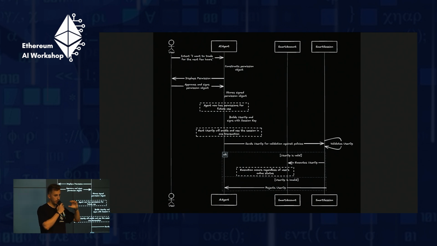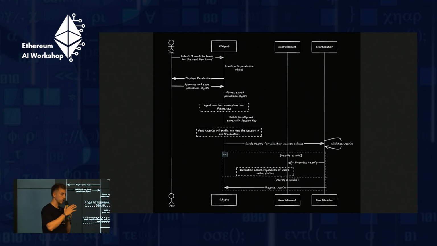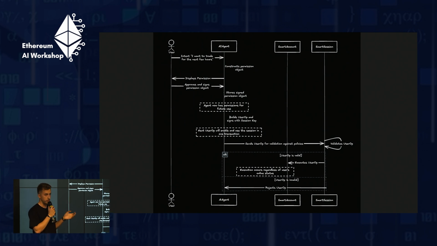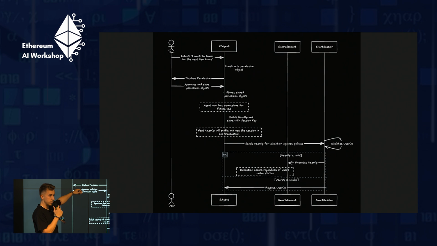And that private key is used to sign the transactions for the user while he is offline. So if someone else gets access to this session, they can sign the transactions for our smart account in the same way the AI agent could.